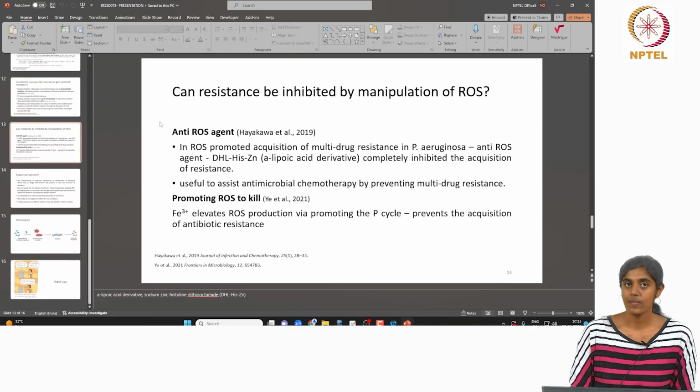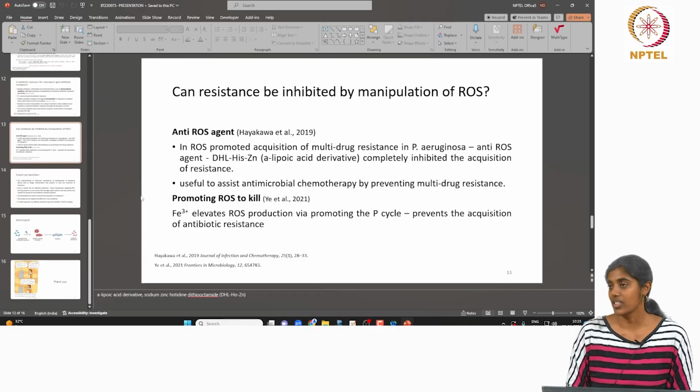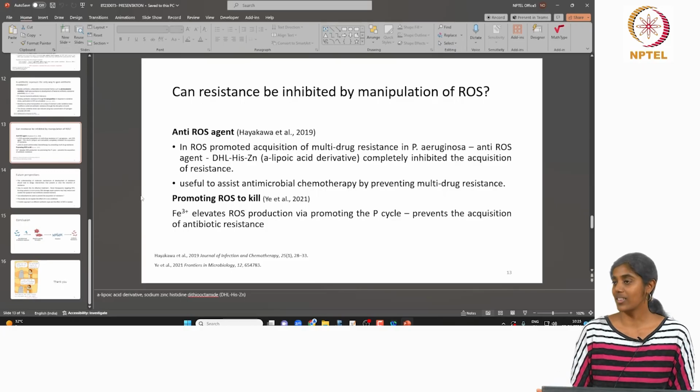So in this, you are saying that the anti-ROS agent will reverse the resistance. It will inhibit the formation of resistance. Okay, but how is resistance created due to the mutation? The antioxidant reagent will act only on ROS. Basically, it won't reverse the mutation. It will prevent the formation of mutation.